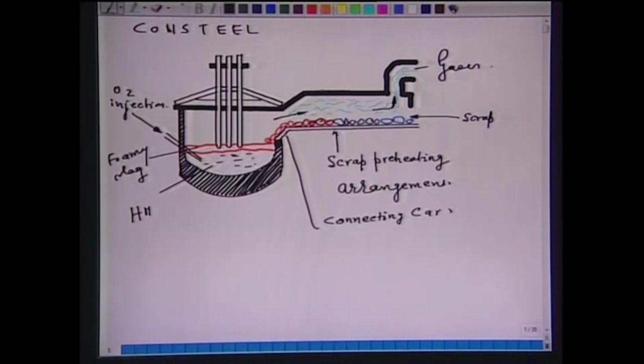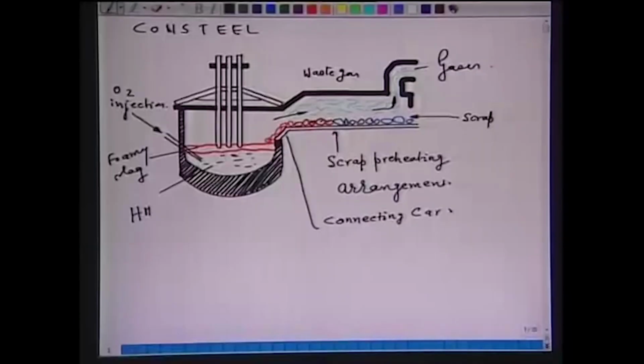This is the waste gas, and the waste gas and the scrap travel counter current, a very effective mechanism of heat transfer from the heat of the waste gas to the moving scrap. So, this is a continuous system for preheating of the scrap.